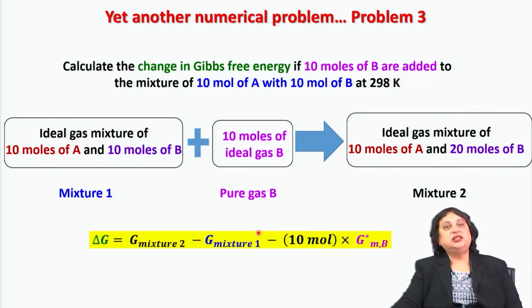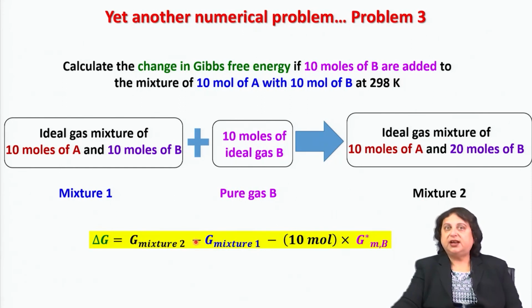So, what is the change in Gibbs free energy? By definition, this must be G final minus G initial. So, what is G final? That is the free energy of mixture 2. So, that is what I have written here. This is minus G initial.